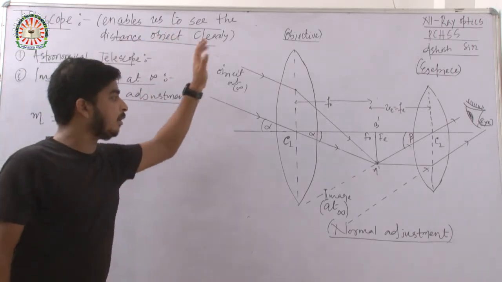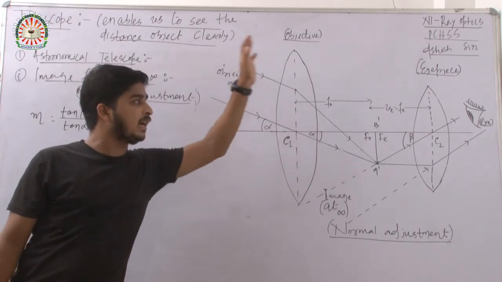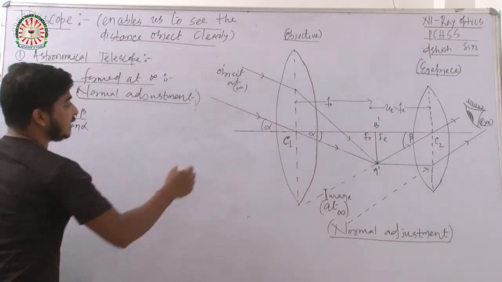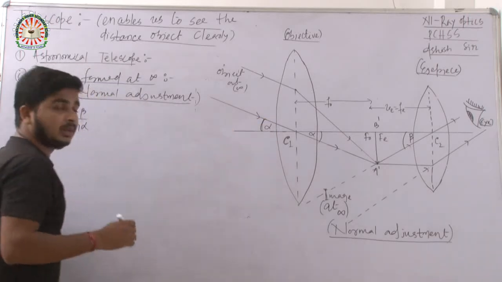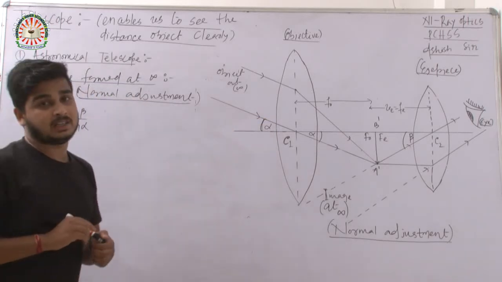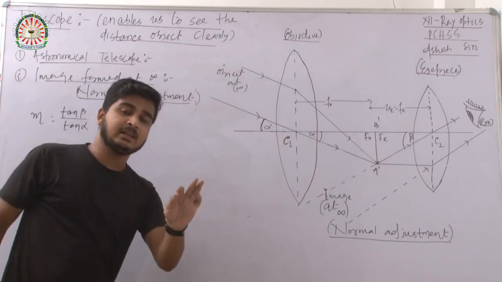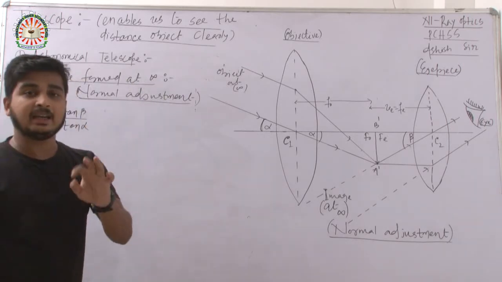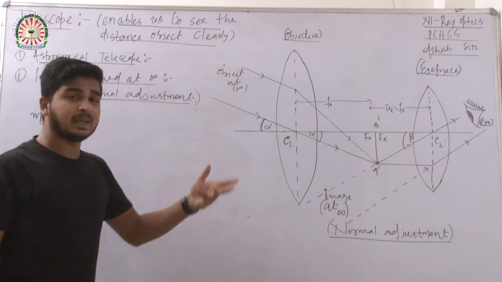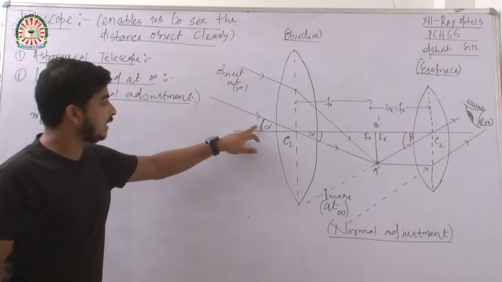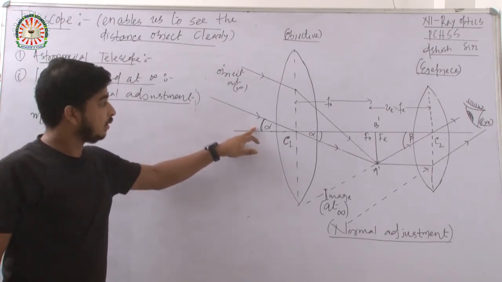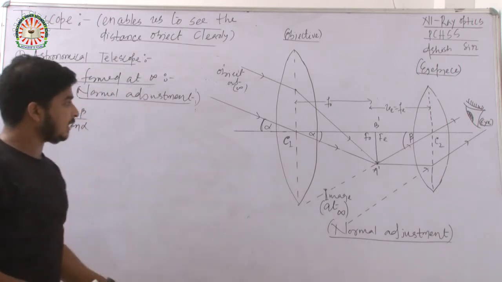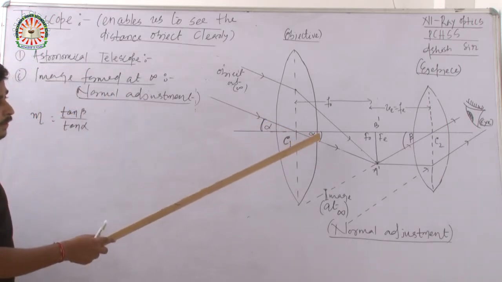So the angle formed at the eyepiece is the same as that at the objective, which is the same as at our eye. So I can take this angle as alpha. Alpha is the angle made at the eye. Here I have told the angle made at the eye is the same as the angle made at the objective. If this angle is alpha, then the crossing line's angle is also alpha.